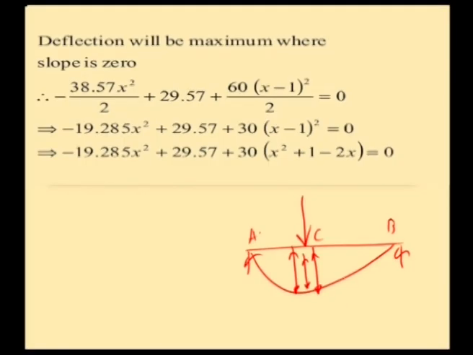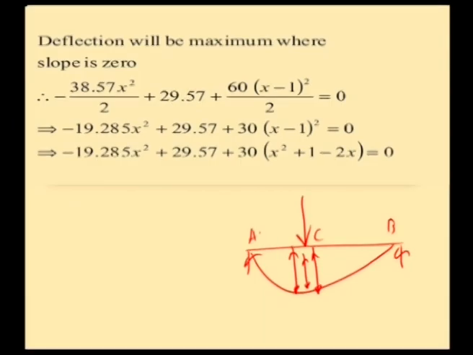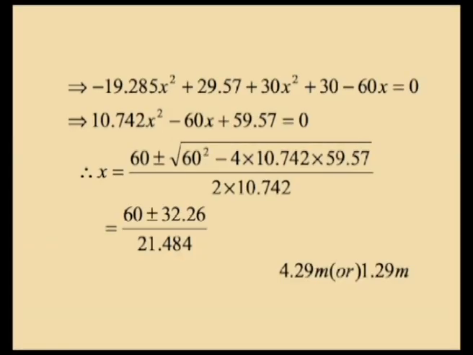But if we assume the slope is 0 or the deflection is maximum in portion BC, then we can use the entire slope equation and equate to 0. So, here let us assume that deflection is maximum in portion BC and we are equating the entire slope equation to 0, thereby we get x equal to 1.29 meters.